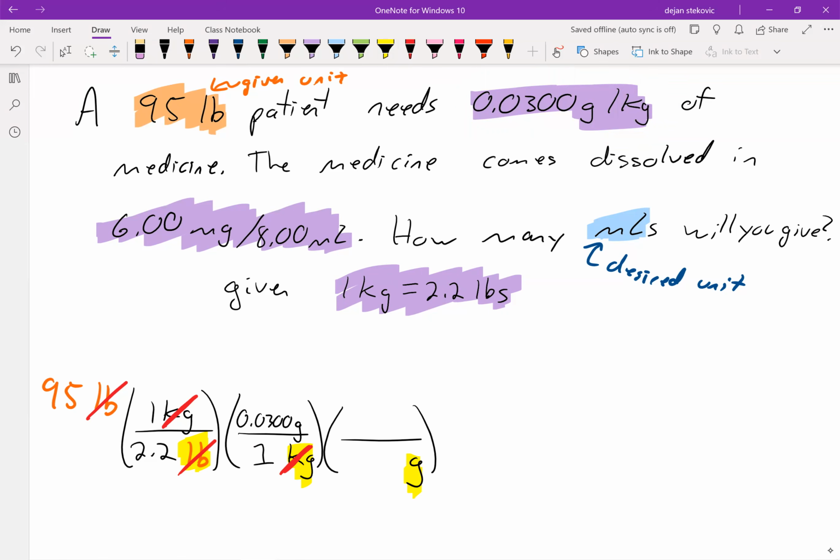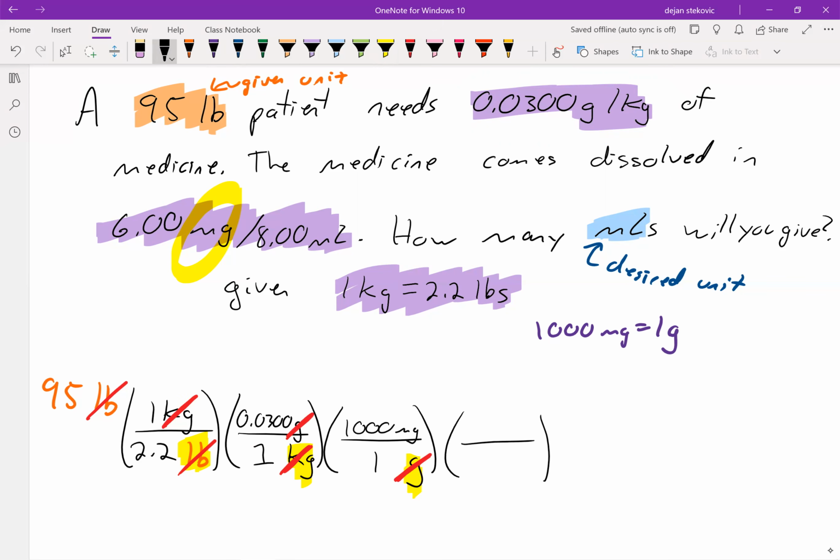Let me think about what else I do have. I do have milligrams over here. So that's kind of useful because I already know one of my conversion units, right? I know that 1,000 milligrams is equal to 1 gram. So let's go ahead and change this gram to milligrams first. Then we can use the 6 and the 8 in the milligrams. So 1 gram goes down there, 1,000 milligrams there. Cancel out grams with grams.